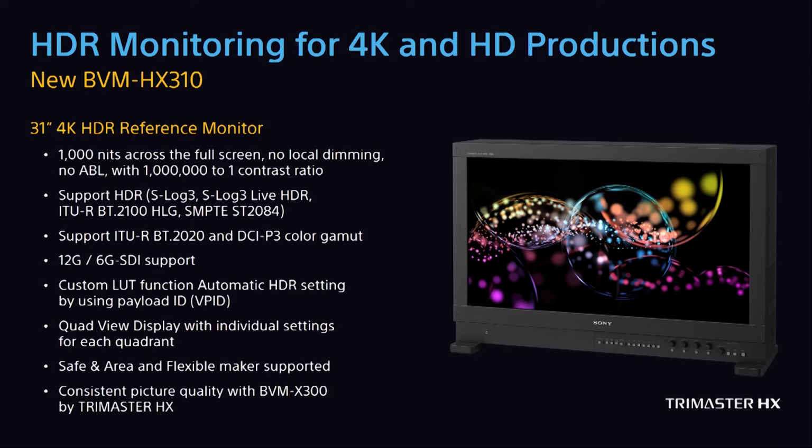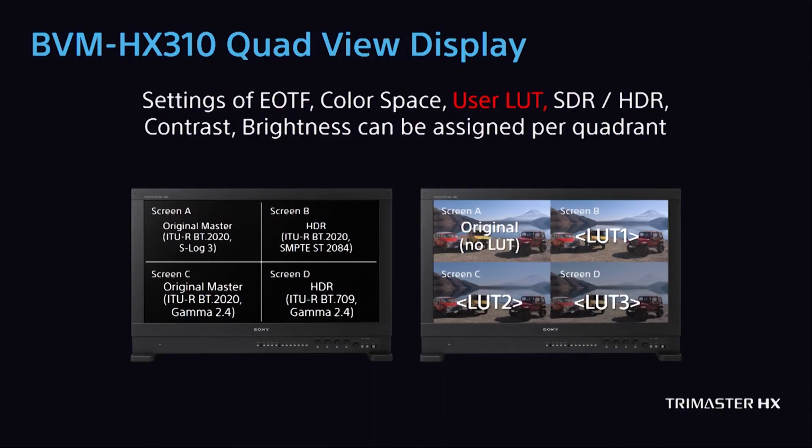It has a 1,000,000 to 1 contrast ratio, and it has a 12G input, and also has the capability to show you quad view. It has 4 display engines inside, and we can allocate different LUTs to each one of these quadrants. I can have 709, 2020, S-Log3, HLG, totally independent in our monitors.